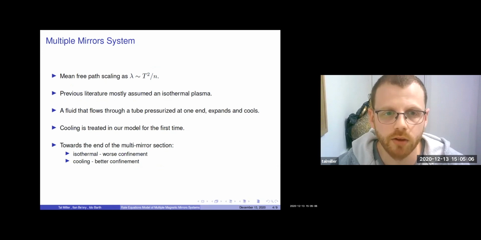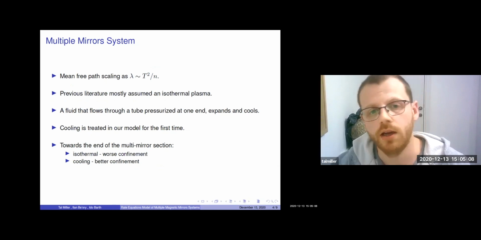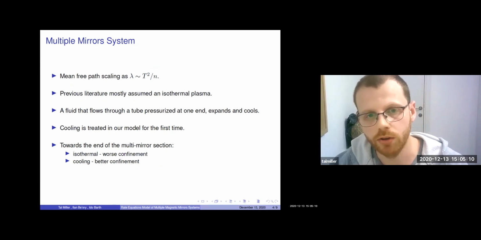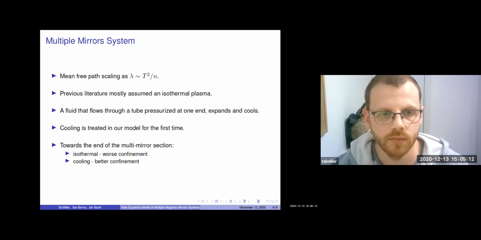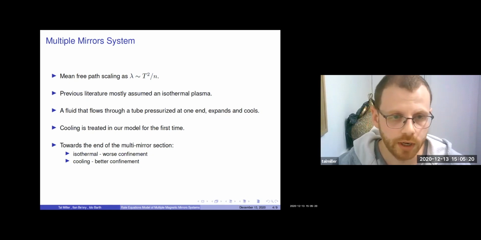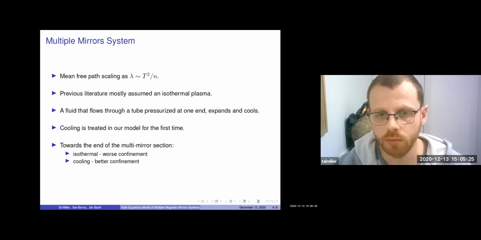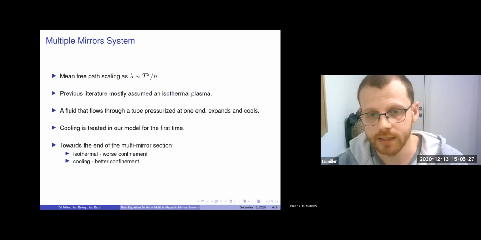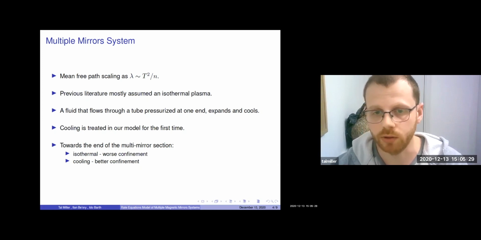The mean-free path of the ions depends as the temperature squared over the density. In previous literature, it was mostly assumed that the plasma was isothermal. However, we can also consider an analogy where a fluid flows through a tube pressurized at one end. As it flows and expands, it can cool down.